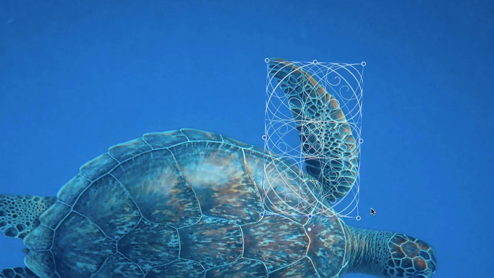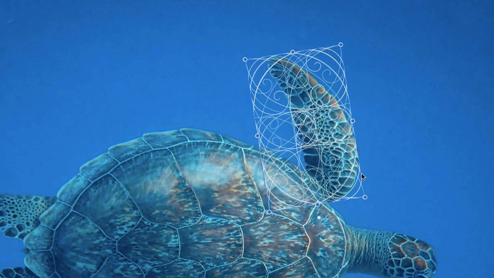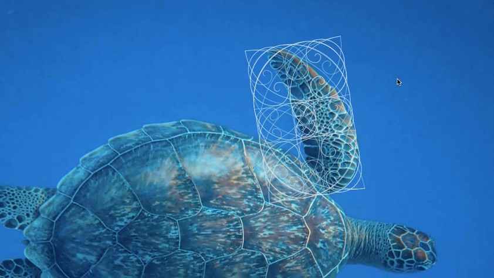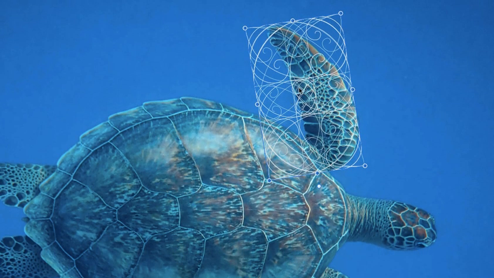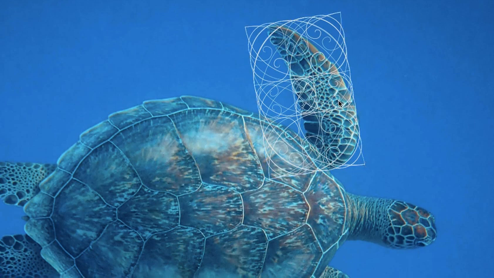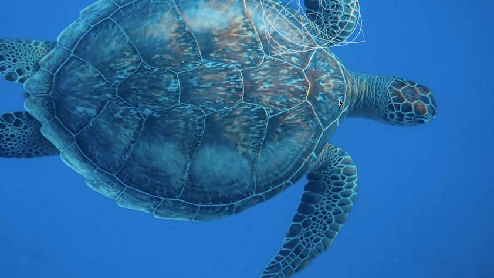Just loses it right up there. But this one's also very close. Putting it right on that phi mark. So that's a phi width to the length. Yeah, that's pretty good.